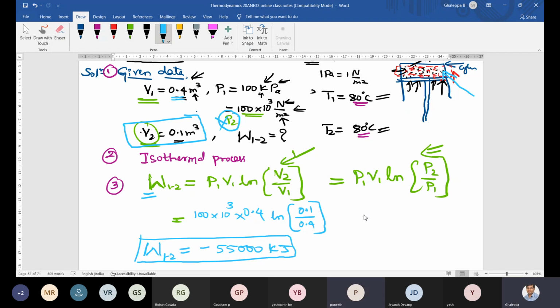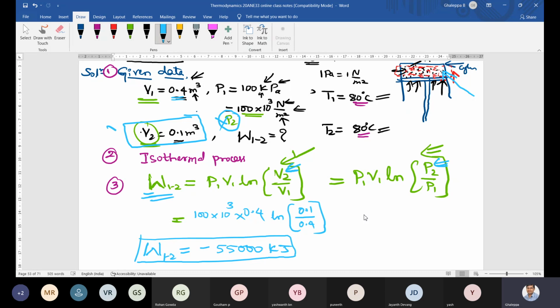How will you calculate V2? Sir, by taking temperature. Because I need V2 compulsorily, or else I need P2. I must require one of them to solve for the work done.